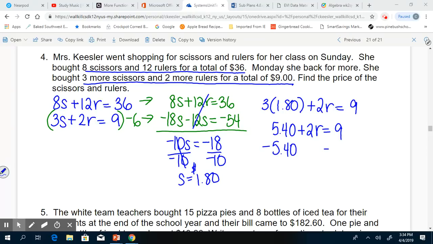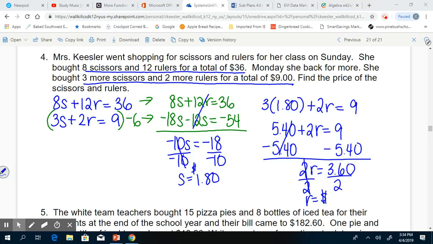Subtract 540. We get 2R equals, think of it as 9 minus 6. That's going to be 3, but then I need 60 more cents, so 360. Divide by 2. Divide by 2. And rulers are also $1.80 each. So both rulers and scissors wind up being $1.80.